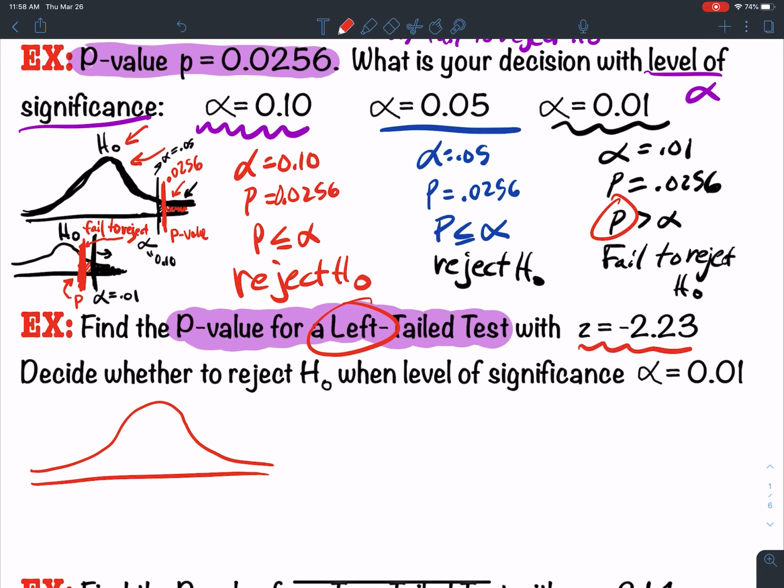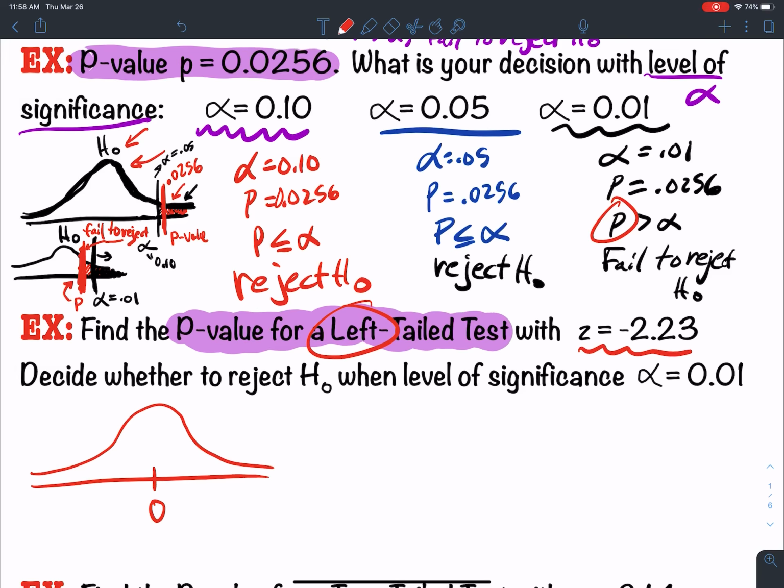They give me z equals negative 2.23. What's always in the middle? 0. So what side of 0 are we on? We're on the negative side, so we're over here at negative 2.23. That's my z value, okay? So this is my z value. So I want to know the P value.